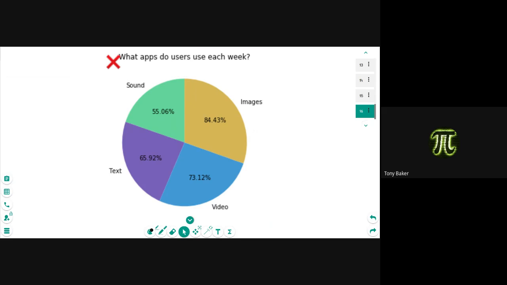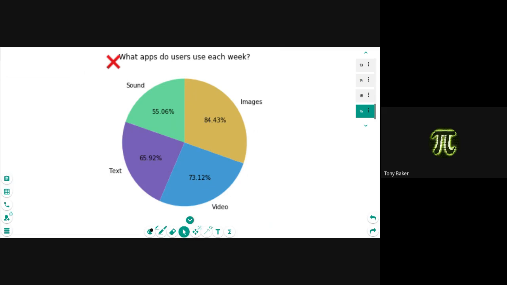Okay. Trying to find another one. There's one I would like to use and it doesn't. USA Today is horrible with their graphs. Okay. And I can't find the one that I'm looking for now.